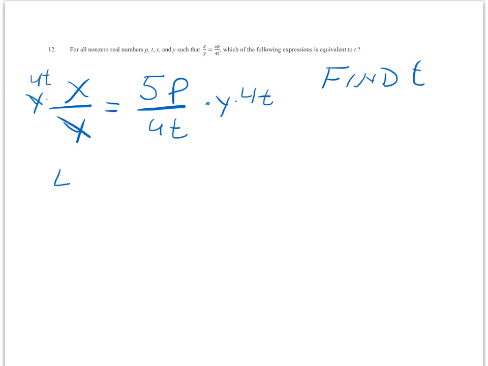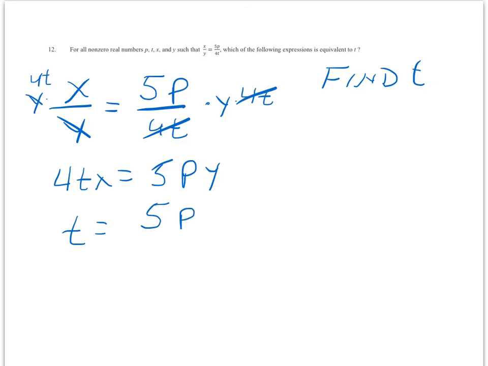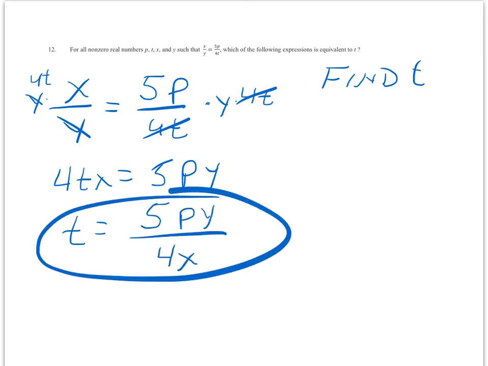On the left, the y's cancel, and you get 4tx. On the right, the 4t's cancel, and you get 5py. Trying to get t by itself, t is attached to the 4 and the x by multiplication, so divide both sides by 4x, and you get 5py divided by 4x. That's what t is.